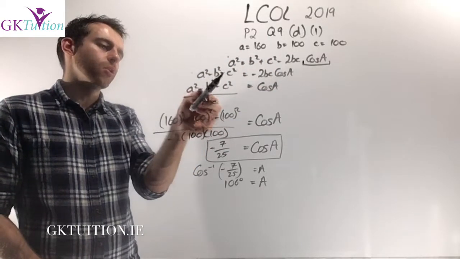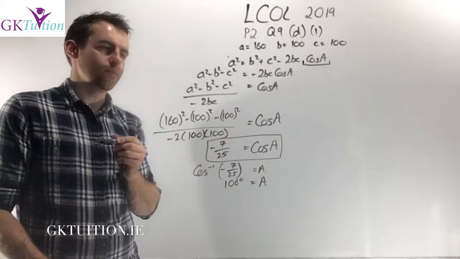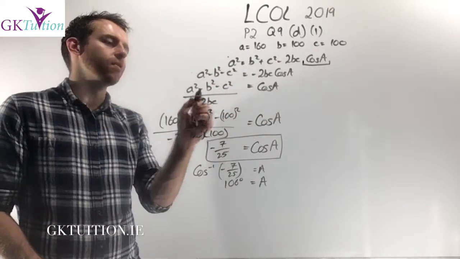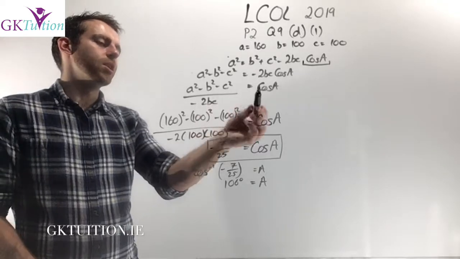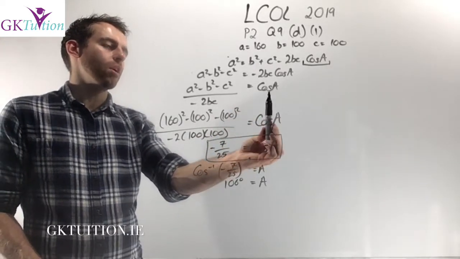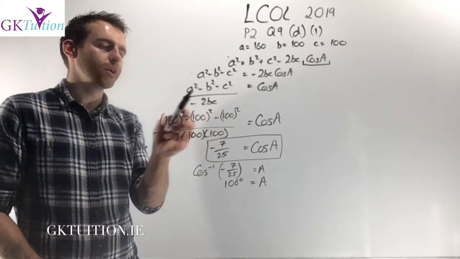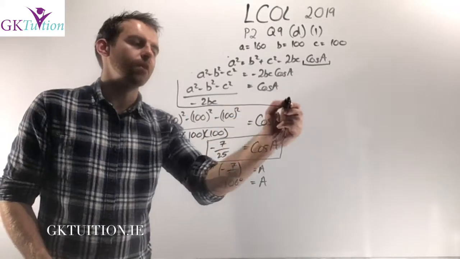So now I have a squared minus b squared minus c squared is equal to minus 2bc cos A. I want to get cos A on its own entirely, so I need to divide both sides by minus 2bc. In other words, you just manipulate the formula and you end up with cos A is equal to a squared minus b squared minus c squared over minus 2bc. And this is going to make my life a lot easier.